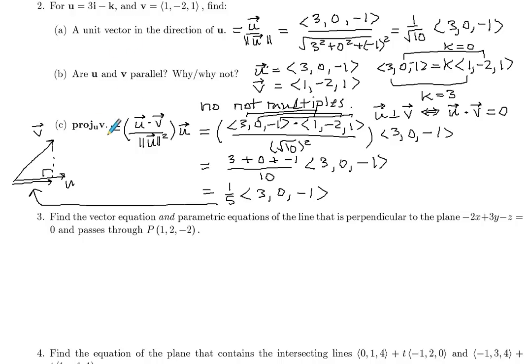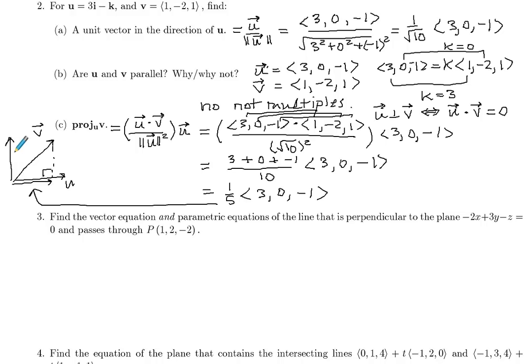What's a projection of one vector onto another? Notice that's the component of v in the direction of u. What would be the component perpendicular? So remember, what you do there is you take v and you subtract off this projection.